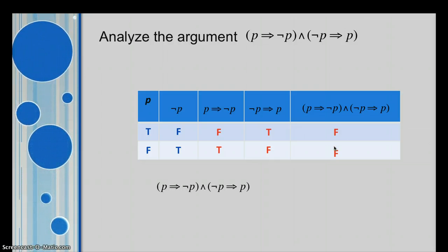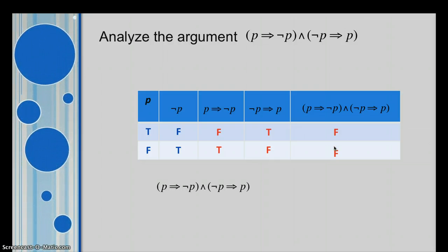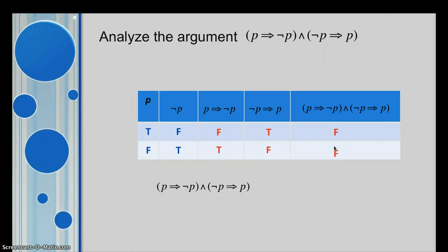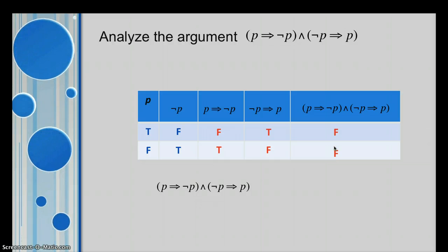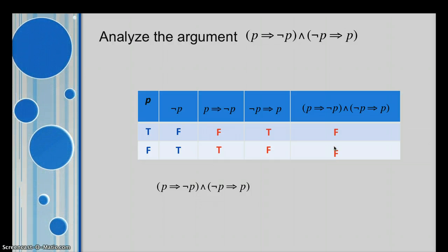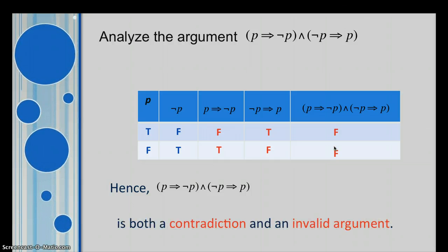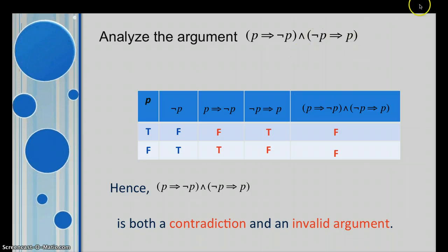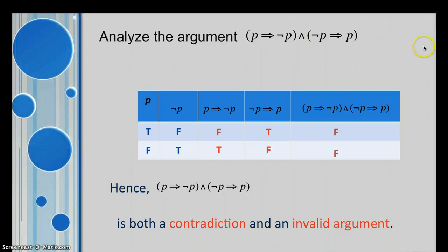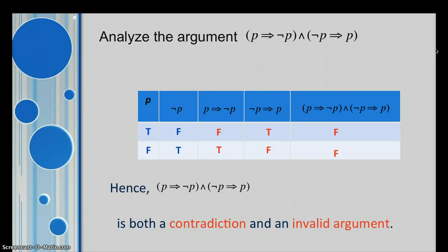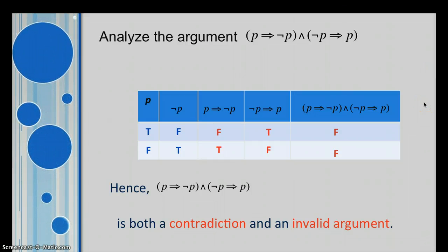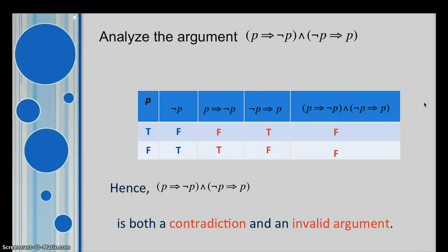Analyzing the argument, we can now say that if P, then the negation of P, and if the negation of P, then P is a contradiction, because you have false on both occasions at the last column, and it's also an invalid argument.